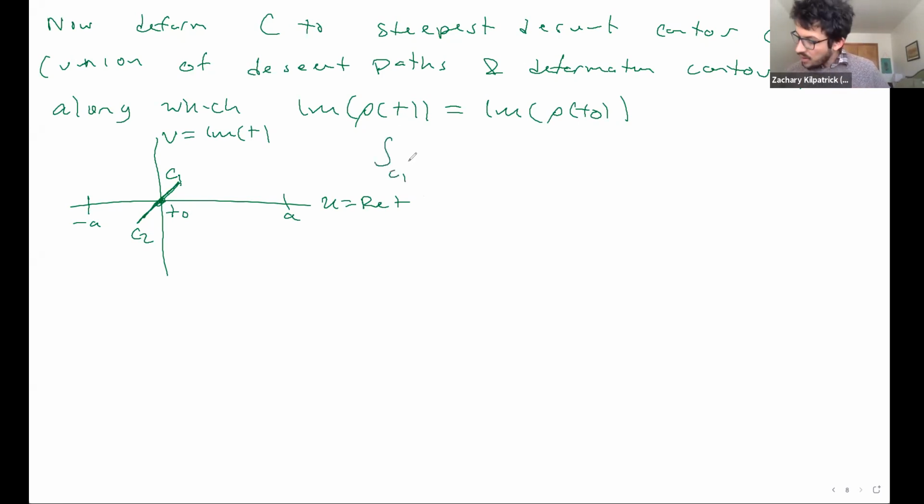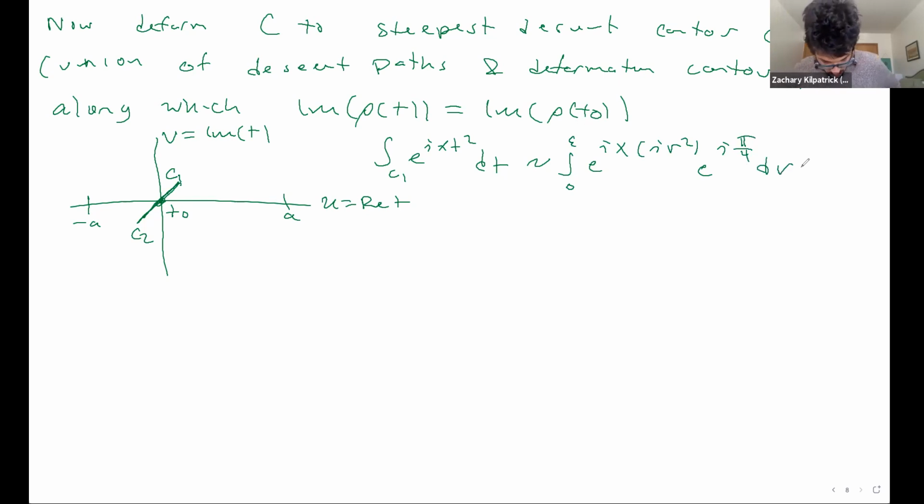Well, the integral along C1, e to the I t squared dt, is going to be the integral from 0 to epsilon of e to the ix ir squared times e to the I pi over 4 dr. Okay.